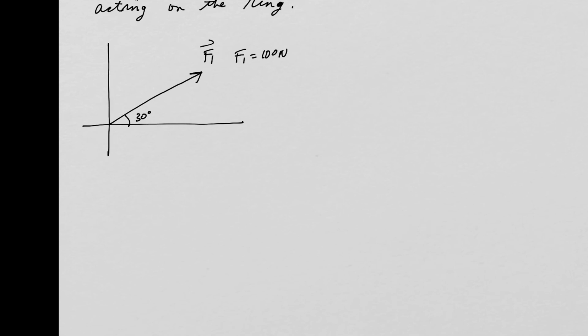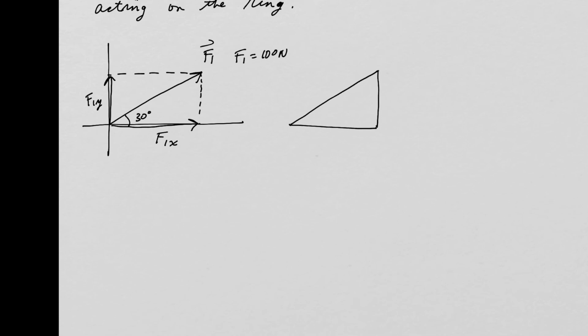I want to find the x component, so project this onto the x. This is F1x, and then project this onto the y, and the y component would be F1y. So again, I would extract out this right triangle that contains the reference angle, which in this case is the 30 degrees because we're just in the first quadrant.